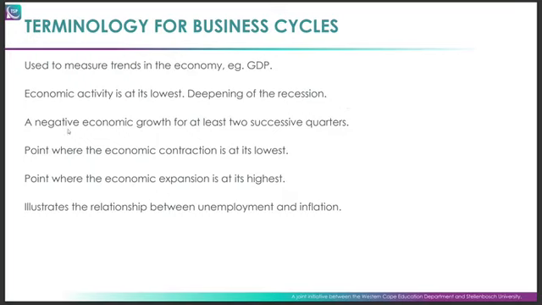A negative economic growth for at least 2 successive quarters, that is now in a nutshell describing what a recession is. The point where the economic contraction is at its lowest is the same as where the economic activity is at its lowest. So that would be your trough once again.